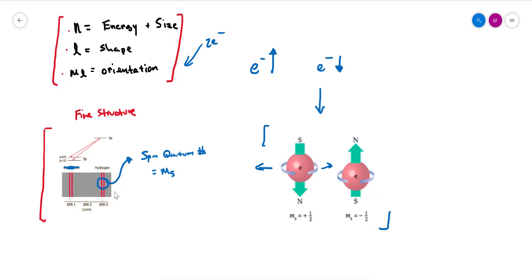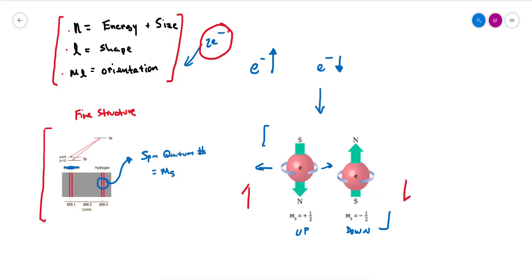It can only exist to spin up or spin down. And so we call these two states plus half and minus a half. The specific numbers aren't pertinent here unless you go on to take a more advanced course. We're just going to call this spin up and spin down. And that's important because now those two electrons that can exist in all of those subshells that we just talked about can either exist in up or down, which means that in an orbital, we're going to have both one electron facing up, that we usually denote with a half arrow pointing up, and one electron pointing down.